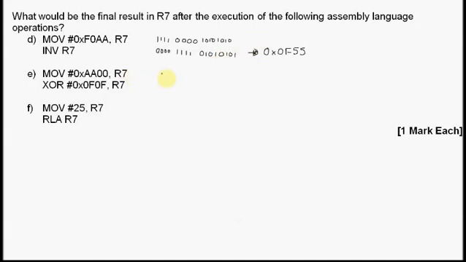Once again, we'll write out the value that's in there. 1010 1010 0000 0000, and we're XORing it with 0x0f0f. So these bits will be flipped and these bits will be flipped.